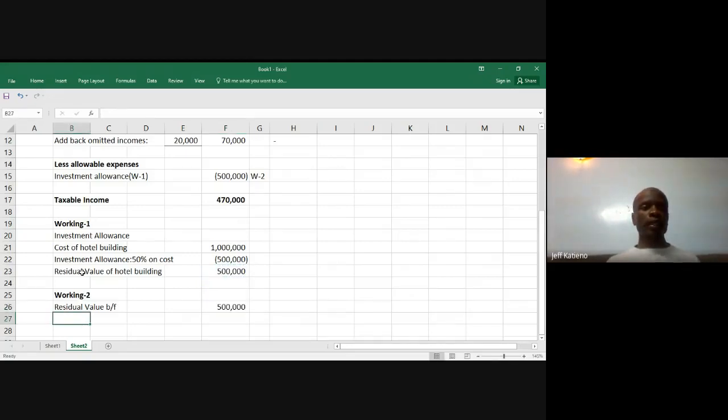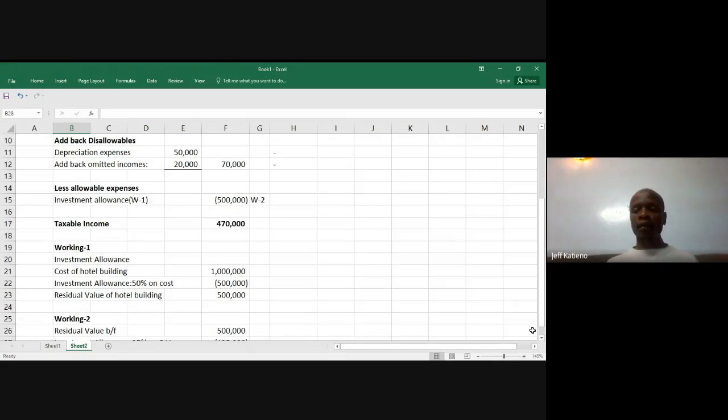Then investment allowance now will be 25% on residual value on a reducing balance. So 0.25 times this, let me put it in negative, will be 125,000.